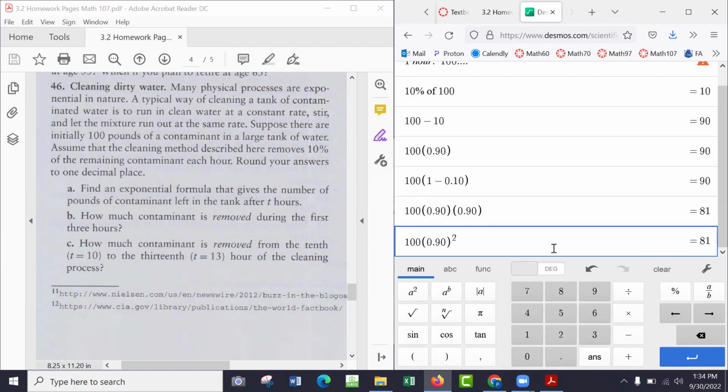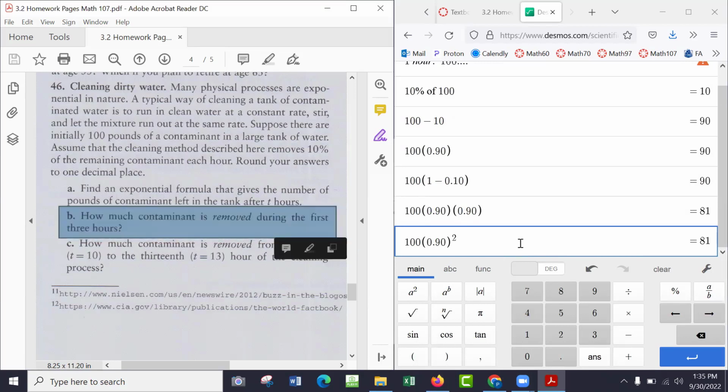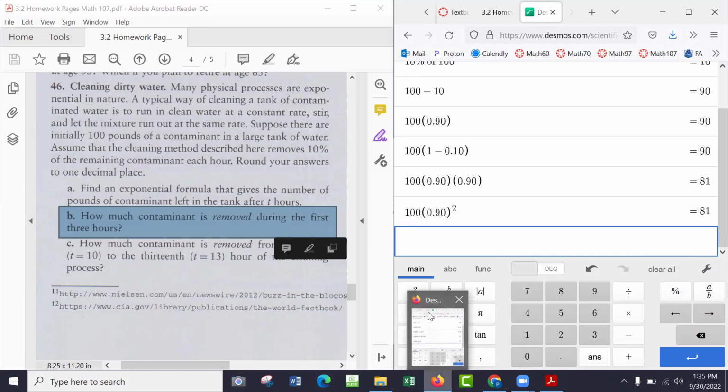So just for fun then, we'll kind of focus on part B. What's the situation after 3 hours? And just figure out what would remain after 3 hours. And press pause on the video if you like. So after 3 hours, it's the same thing again, 0.90 to the power of 3.